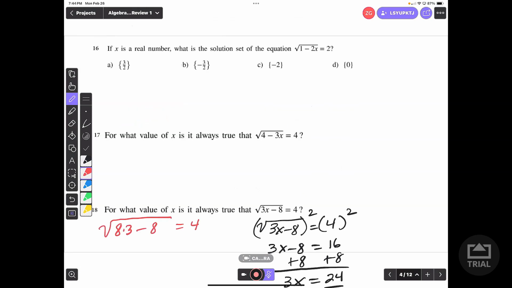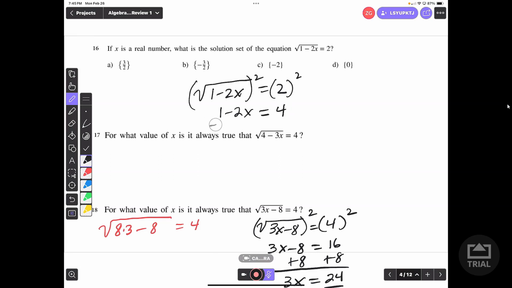So that's true. If x is a real number, what is the solution to this equation? So you have the square root of 1 minus 2x equals 2. You have a radical, so you want to raise this to the second power. So you have 1 minus 2x equals 2 times 2, which is 4.